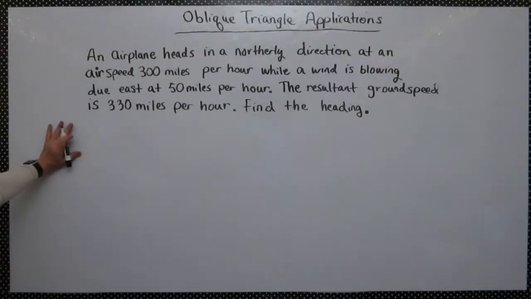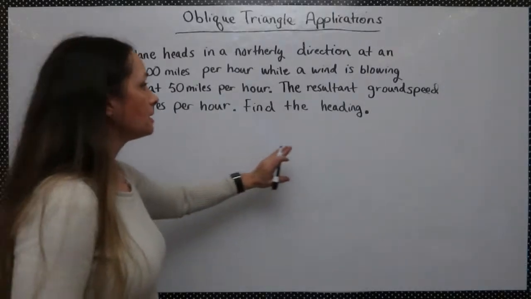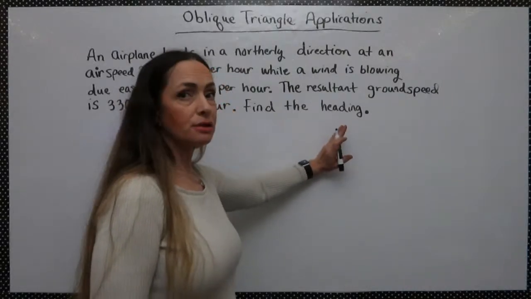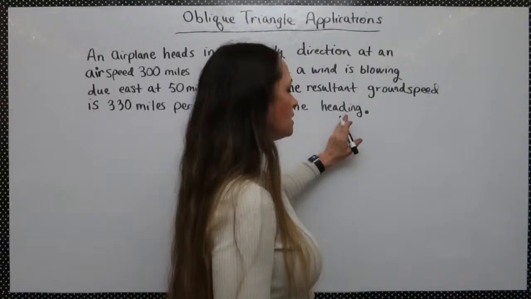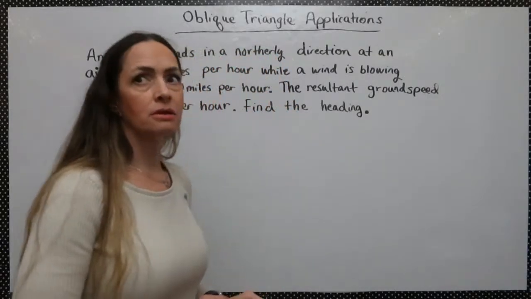So do we get everything else that we have defined in here? The heading is the direction that the nose is pointing. And I believe that they use an azimuth for heading.